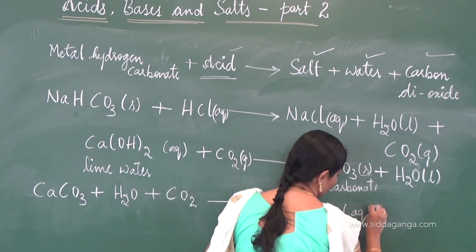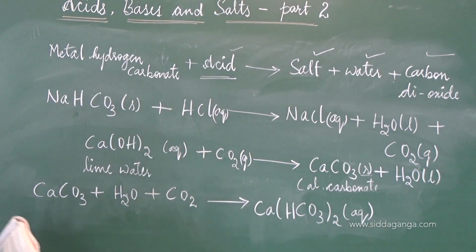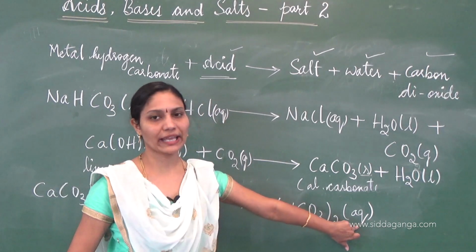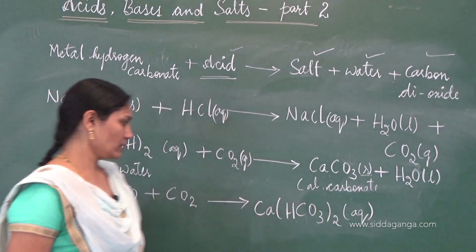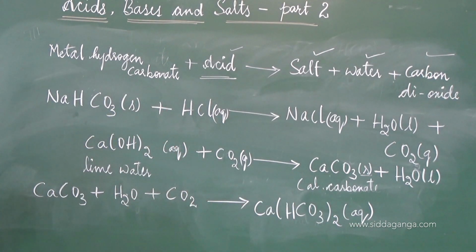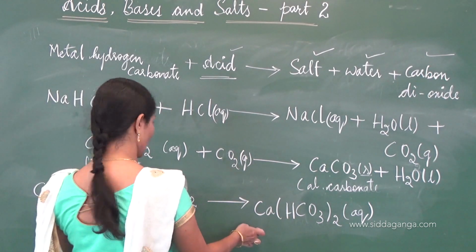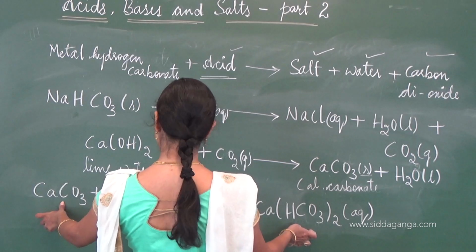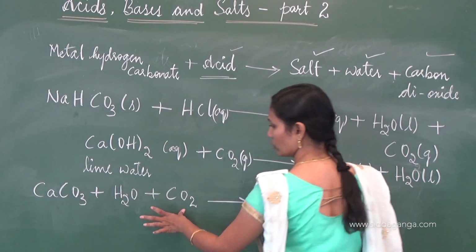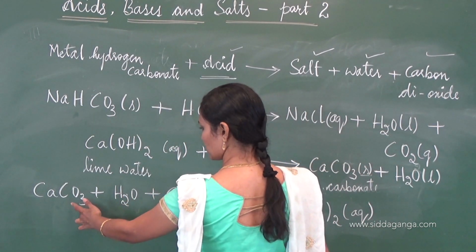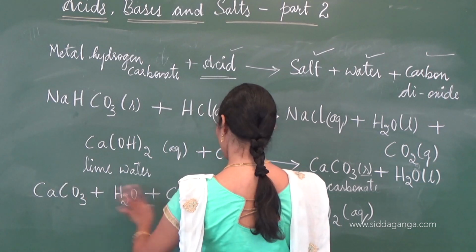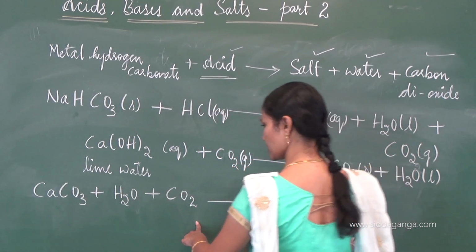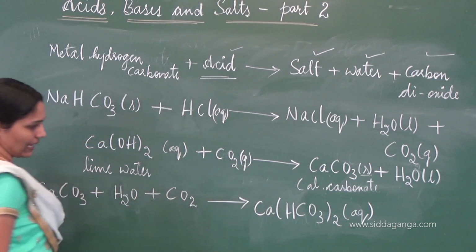What is this? Ca(HCO3)2 is calcium bicarbonate, soluble in water, and that is the reason we have mentioned aqueous here. Check whether the equation is balanced. Calcium is balanced. Carbon is 2 here, and here also we obtain 2. Oxygen is 3 plus 1, 4, 5, 6. 3 twos are 6. Yes, the equation is balanced.